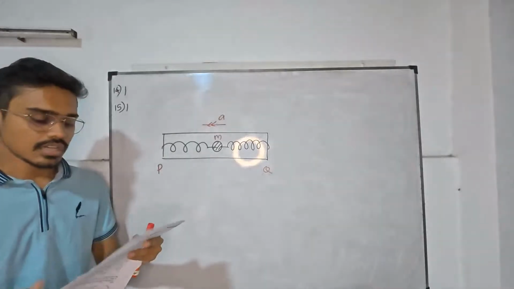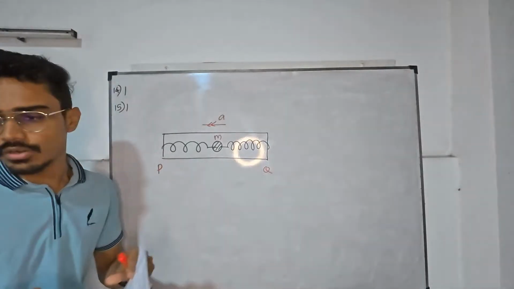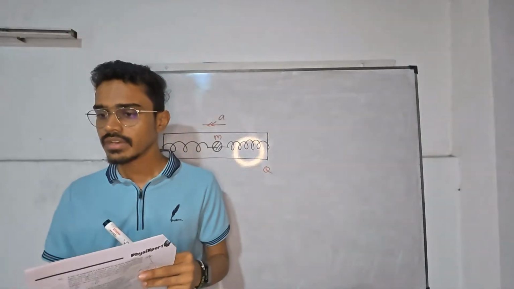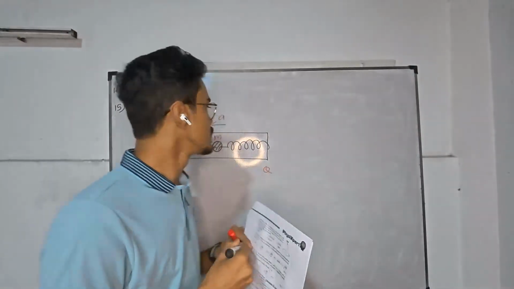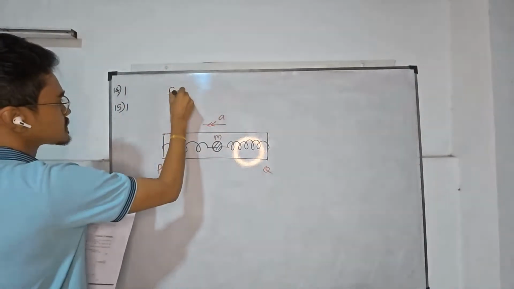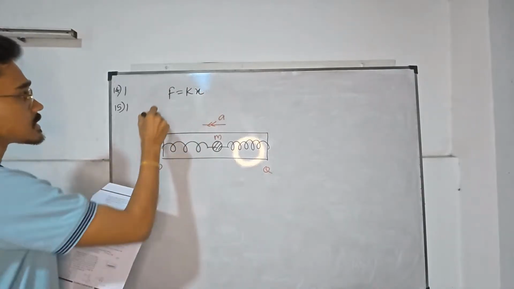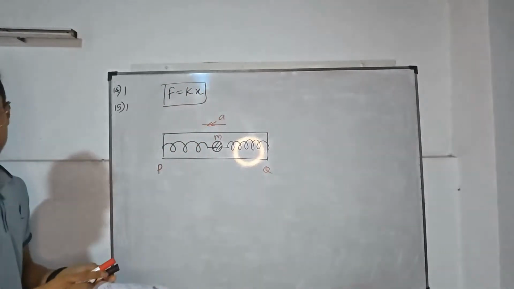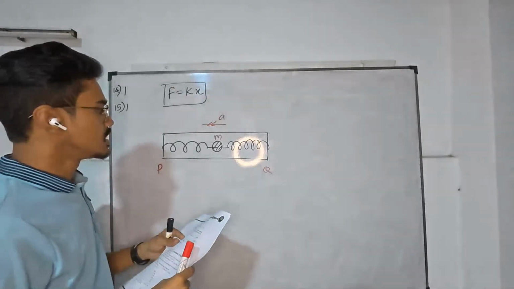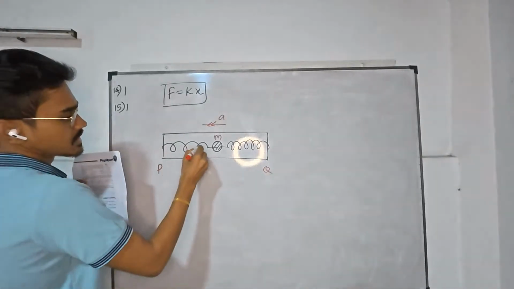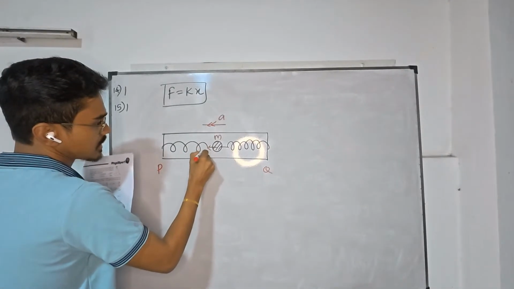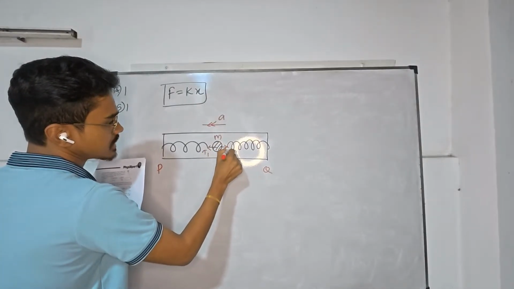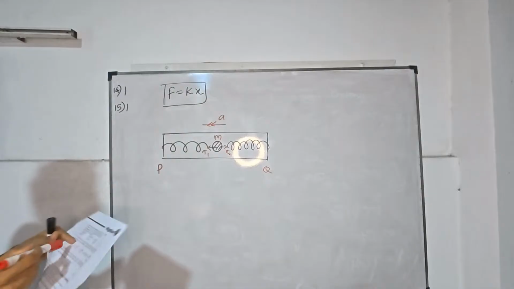Now, when it comes to a spring also, Hooke's law is valid. I explained Hooke's law in one of the previous questions. Hooke's law is F equals Kx. So let's assume the forces exerted on these springs as T1 for this one and T2 for this one.